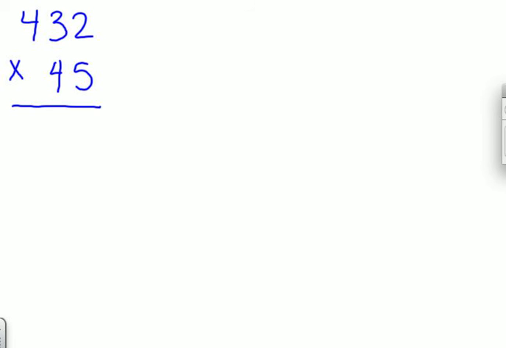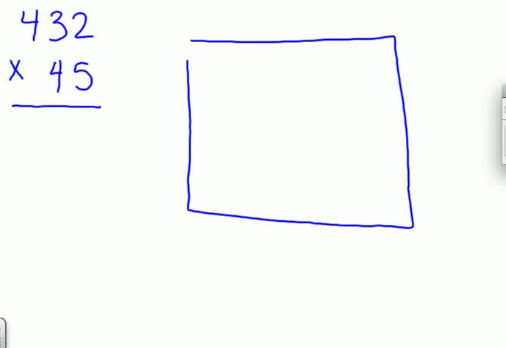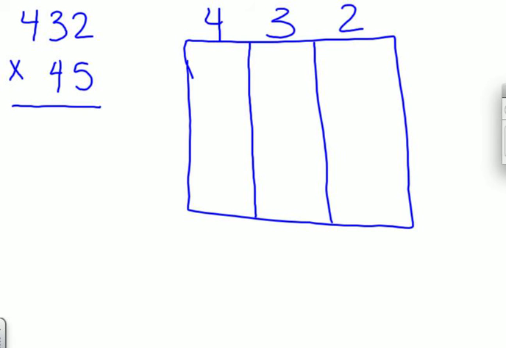Okay, since the first number is 3 digits, I'm going to draw a lattice with 3 columns, and I'm going to label each column with one of the digits, so 432. Since the second number has 2 digits, I'm only going to need 2 rows, one for each number, 45.